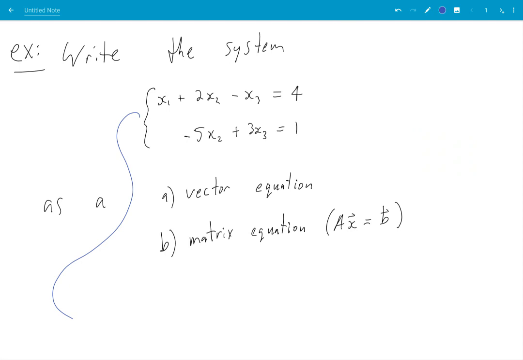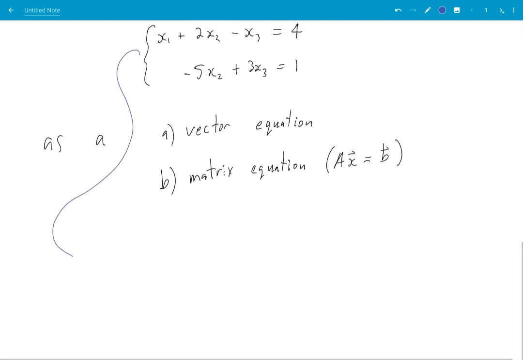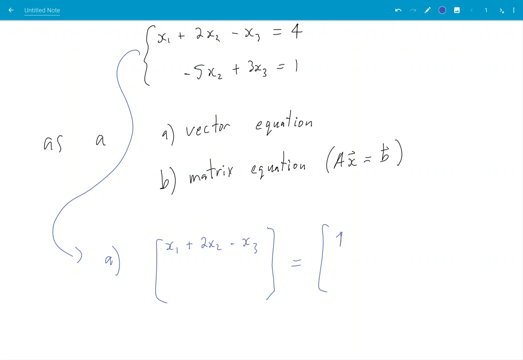Take this system and start by forming a vector equation. So we'll have a two-dimensional vector which contains the x's, which is going to equal another two-dimensional vector, which is the right-hand sides of the equations. Then I have minus 5x2 plus 3x3.